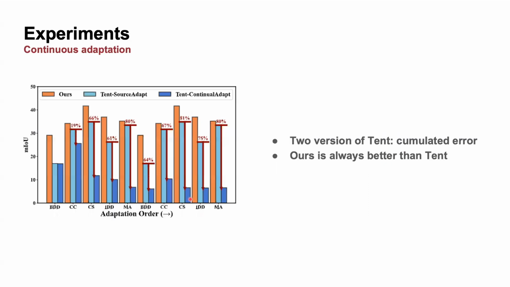Also, we provide some results about continuous adaptation, which means that we would adapt to a lot of datasets one by one. We can see that the other methods in continuous adaptation suffer from the forgetting problem, which means that the performance will decrease. But our performance is always better.